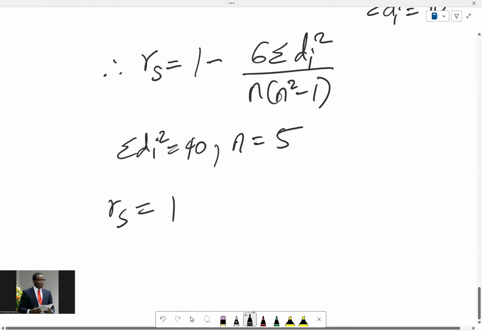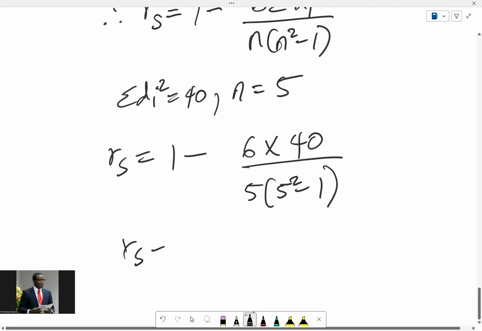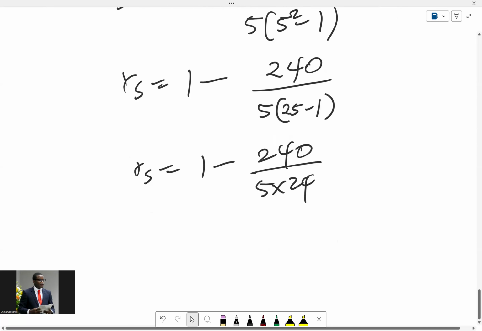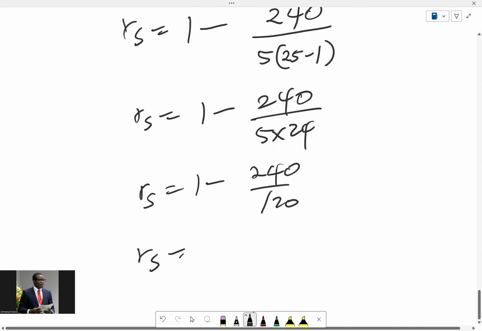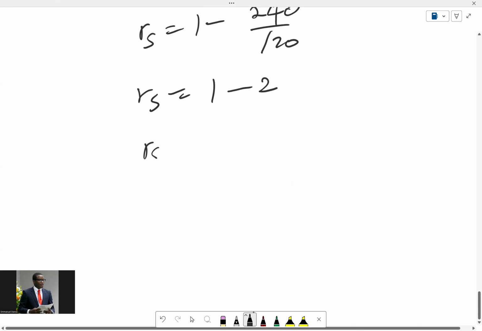So rs is 1 minus 6 times 40 divided by 5 times 5 squared minus 1, which is 1 minus 240 divided by 5 times 24. 5 times 24 is 120, so 1 minus 240 over 120. So rs is equal to 1 minus 2. So the Spearman's rank correlation coefficient is minus 1 in this case.